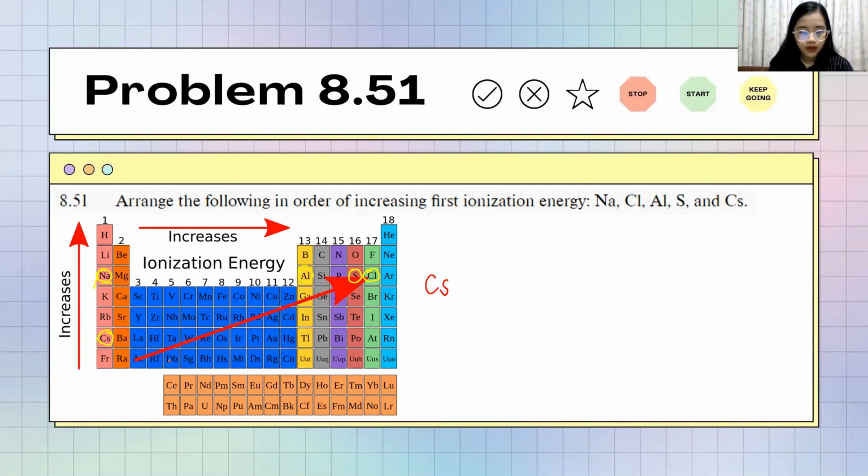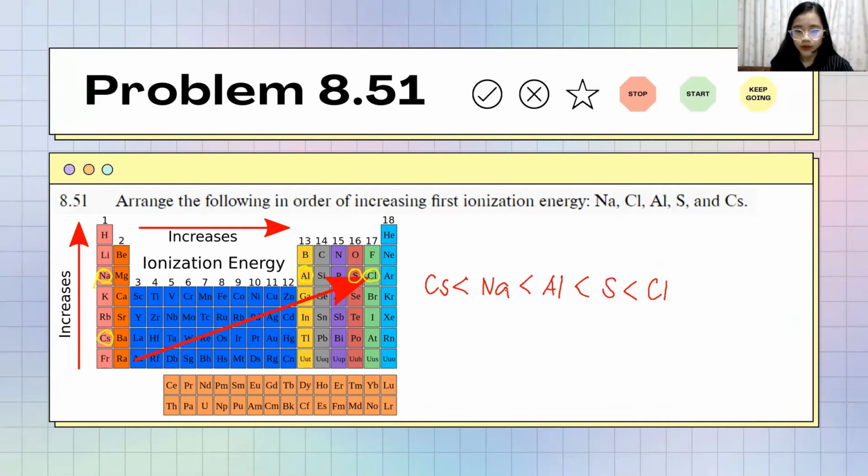Cesium, sodium comes next after cesium, then aluminum, sulfur, and chlorine.